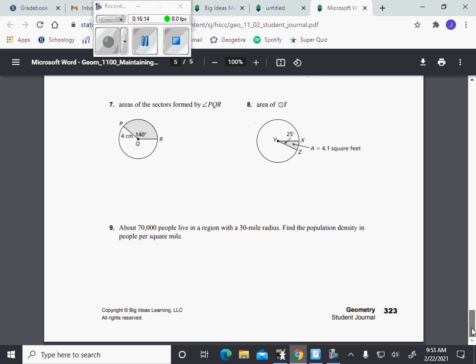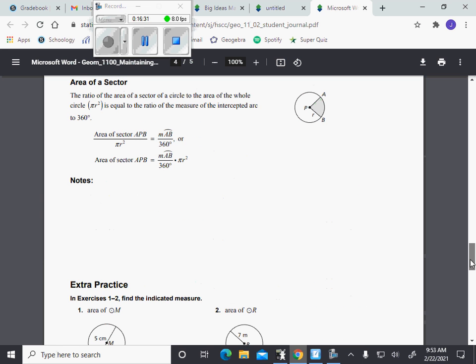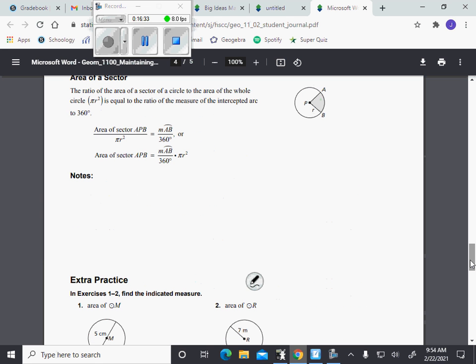All right, number 7. The area of the sector formed by angle PQR. Okay, so we want to find the area of the shaded region. We have 140 degrees and a radius of 4. So I'm going to go back up here. Here's my circle. Okay, this is 140 degrees. This was 4. I want to find that shaded area.